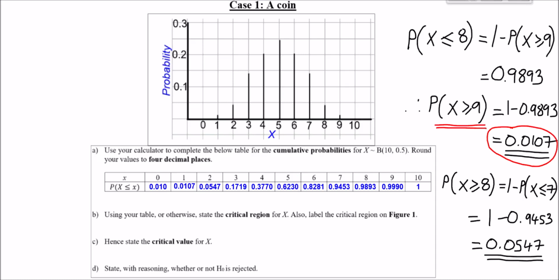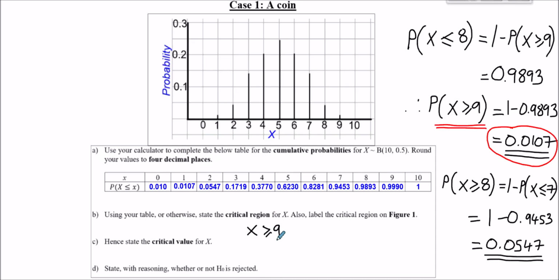So the critical region is where x is 9 or greater. So the critical region is this. When x is 9 or 10, that's when we'd end up rejecting H0.